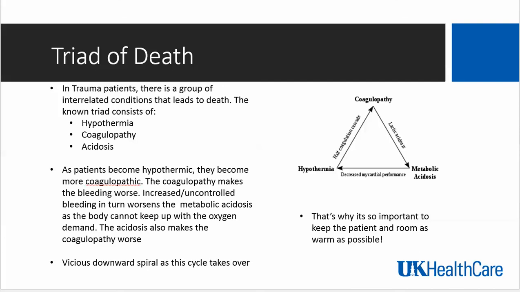The increased uncontrolled bleeding in turn worsens the metabolic acidosis as the body cannot keep up with the oxygen demand. This acidosis also makes the coagulopathy worse. As this cycle takes over, it's a vicious downward spiral. So that's why it's so important to keep the patient warm and the room as warm as possible.